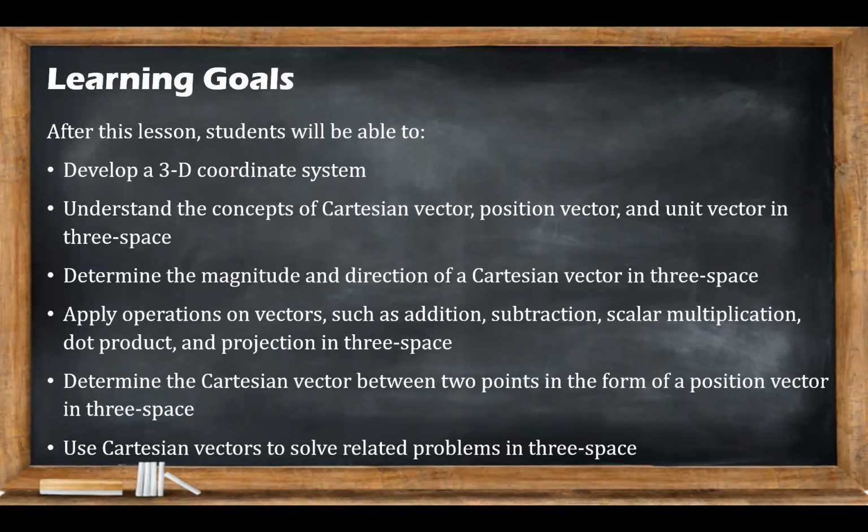Apply operations on vectors such as addition, subtraction, scalar multiplication, dot product, and projection in 3 space. Then determine the Cartesian vector between 2 points in the form of position vector in 3 space. Last, use Cartesian vectors to solve related problems in 3 space.